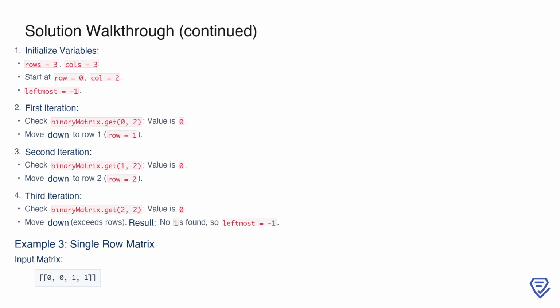In the second iteration, we check (1, 2) and again find a 0, so we move down to row 2, still in column 2. In the third iteration, we check (2, 2) and find a 0 once more. Moving down now exceeds the number of rows, and since no 1s were found during the process, the result remains -1.